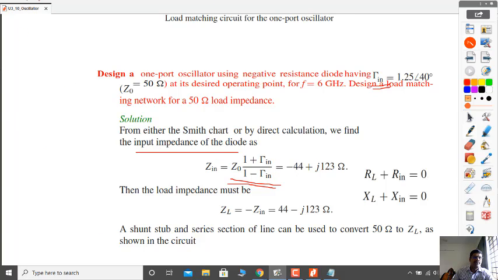Now you write the gamma in terms of rectangular form. So you transform 1.25 angle 40 degrees into rectangular form. That value will be 0.958 plus j 0.8.